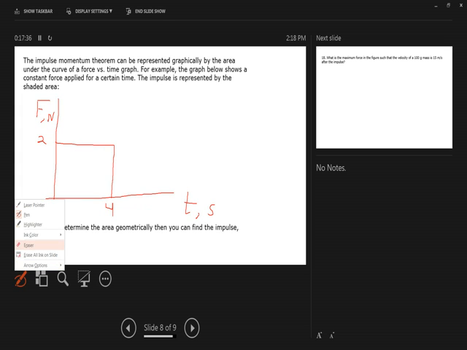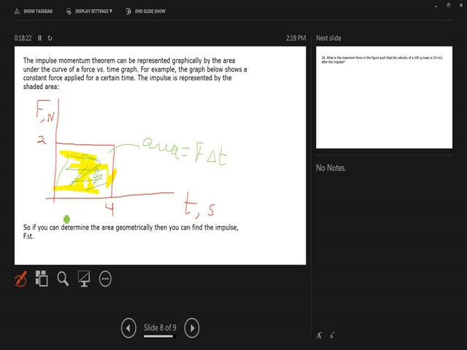Well, then the region underneath that graph, if we shade that in, that represents the area equals the force F times delta T, right?